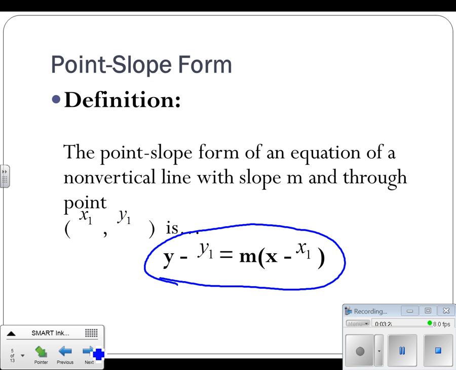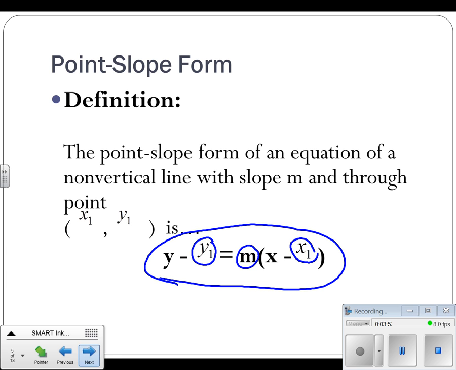Where you have a point that's on the graph, you have an x-coordinate and a y-coordinate in the function, and it's y minus y sub 1, that y-coordinate, equals m, your slope, times, in parentheses, x minus x sub 1, which is the x-coordinate of the point that's on your line.